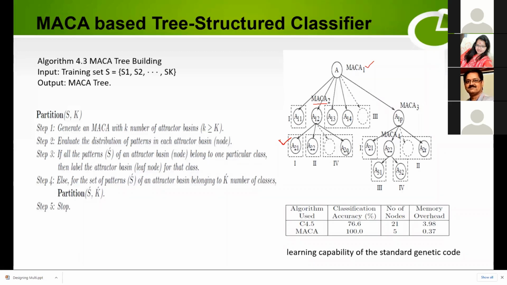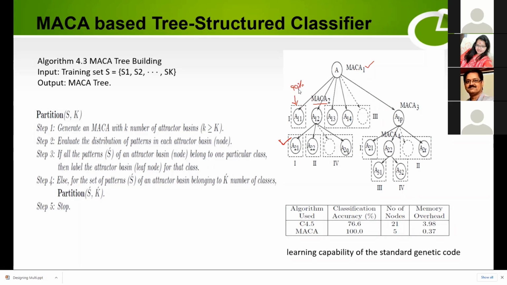In such cases, we have to design a stopping criterion. Say, if attractor 1 identifies 90% of the data from a certain class, then I will stop further dividing.